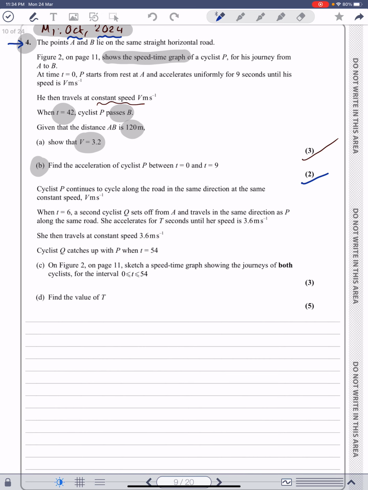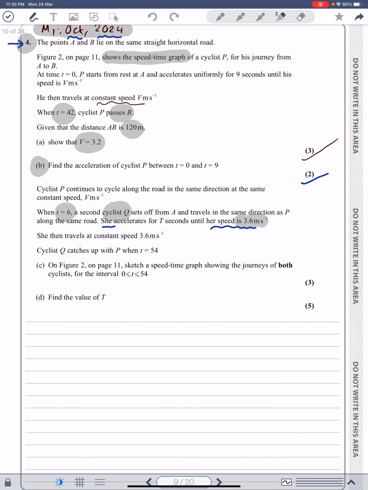Easy pass, enjoyable question. Cyclist P continues to cycle along the road in the same direction at the same constant speed. When T is 6, a second cyclist sets off from A and travels in the same direction as P along the same road. She accelerates for T seconds until her speed is 3.6 meters per second.